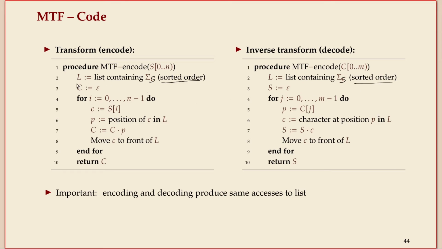Then for encoding, initially there's nothing encoded, so we start with the empty string for the coded text. Then we walk through the characters in the source text. That's the next character. We find the position of C in this list, so we walk through the list and check if that is the character we find. And then we store that position as the next code word. And finally, we move C to the front of the list, and we repeat.